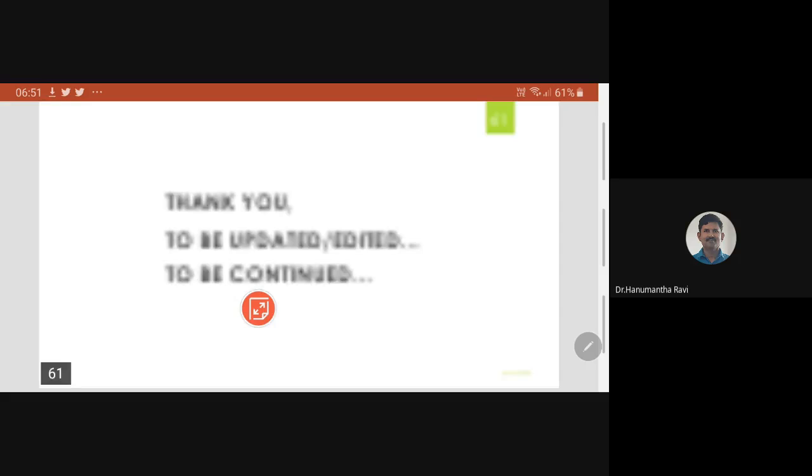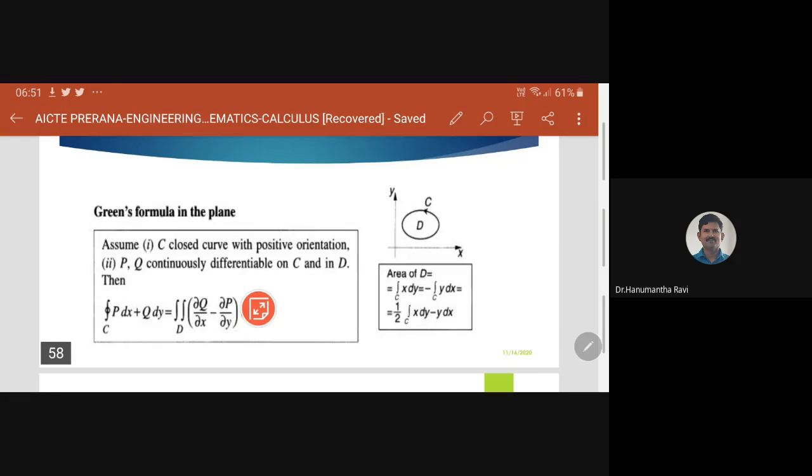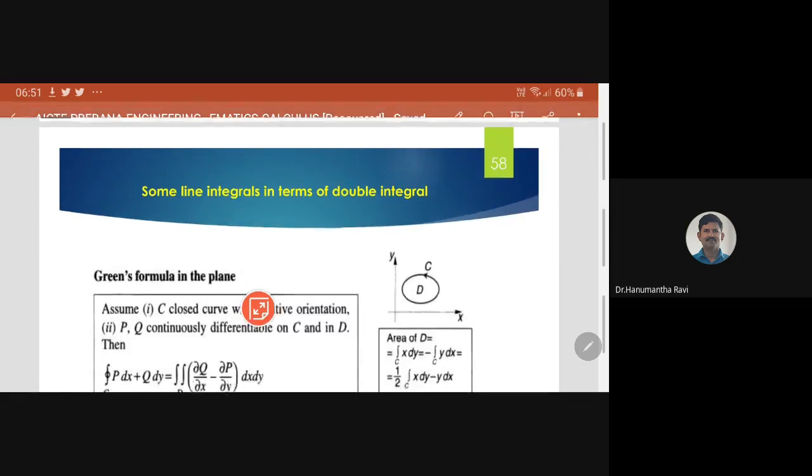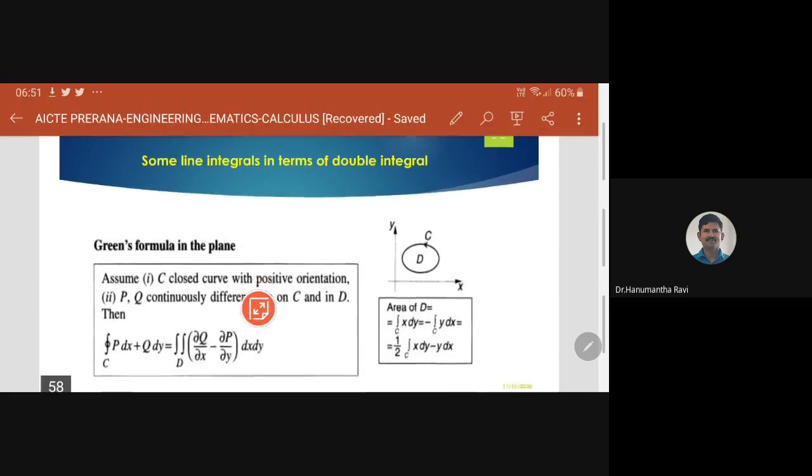Now we go directly to the last three slides of this presentation. One is Green's formula in the plane. The other is Stokes theorem. See the title: some line integrals in terms of double integrals. We talked about multiple integrals and single integrals. A line integral can be evaluated by reducing it into a single integral, which I explained in the previous classes.